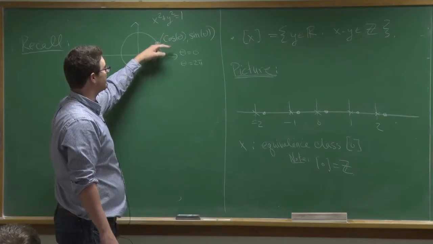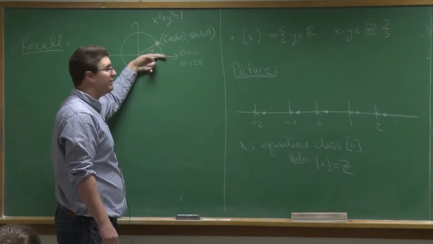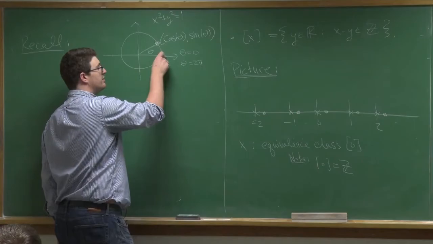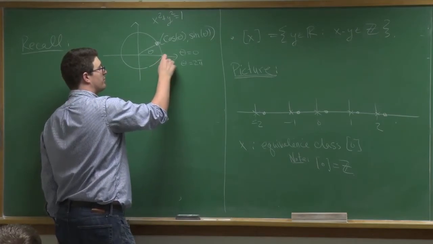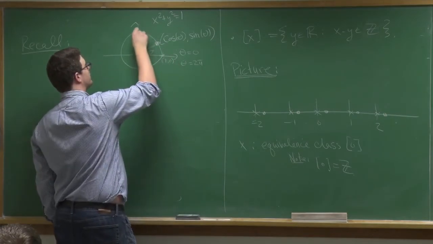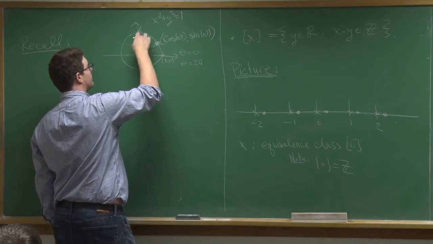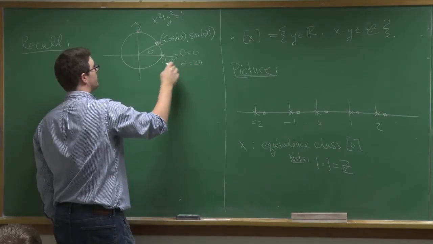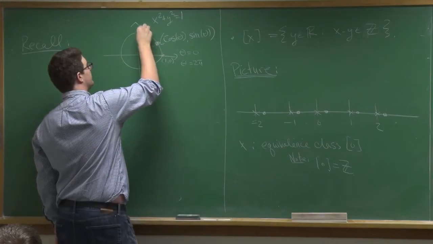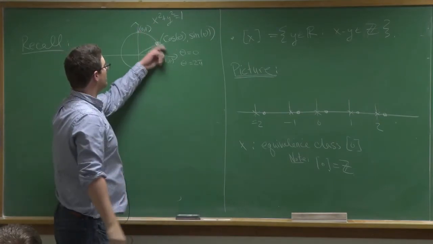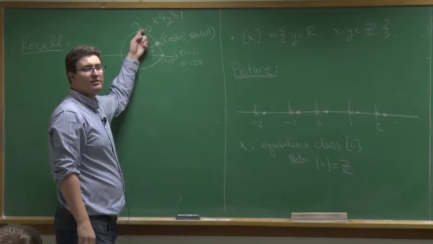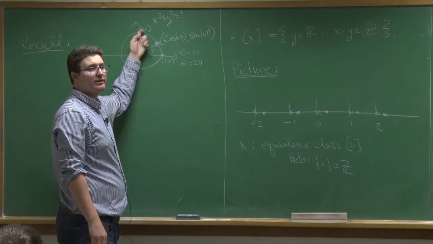So when theta is equal to 0, the x value here is 1. So this is the point (1, 0). And when theta is equal to pi over 2, that's a quarter of the way around. This is the point (0, 1). So cosine of pi over 2 is 0. That's the x coordinate here.